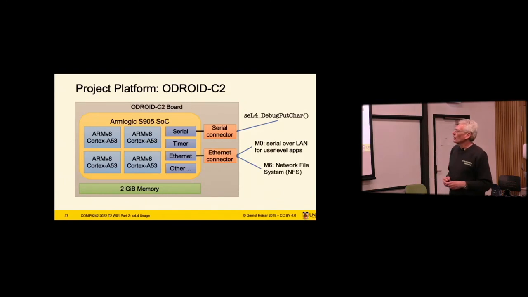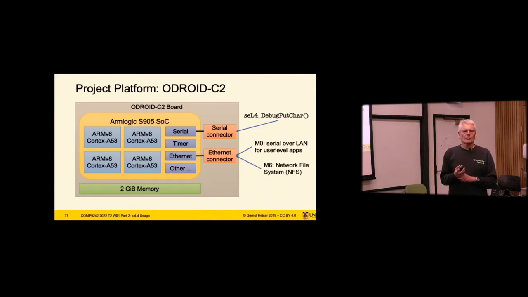And this is the platform you're working on, or the high-level architecture design of the Odroid. It's actually a quad-core chip. It has 4 Cortex A53 64-bit ARM cores on there. And it has a whole bunch of peripherals, most of which you don't get to see or have to worry about. The things you deal with are the serial controller, where a driver is given.